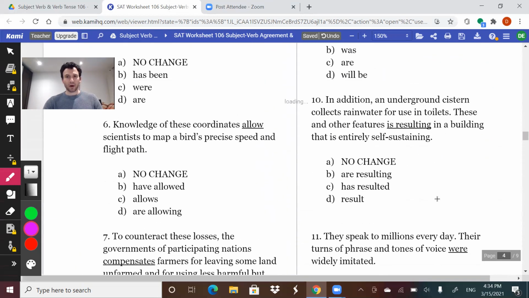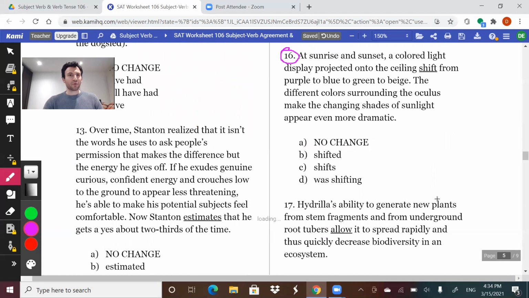Okay, one more verb question, and then I'll get out of your way so you can practice this worksheet. So at sunrise and sunset, a colored light display projected onto the ceiling shift from purple to blue to green to beige. The different colors surrounding the oculus make the changing shades of sunlight appear even more dramatic.